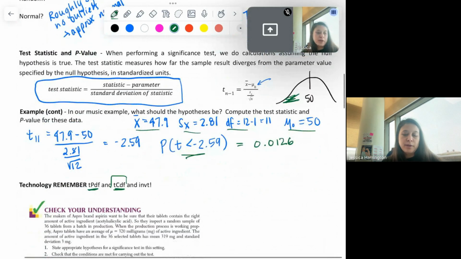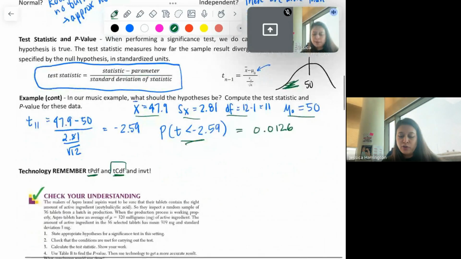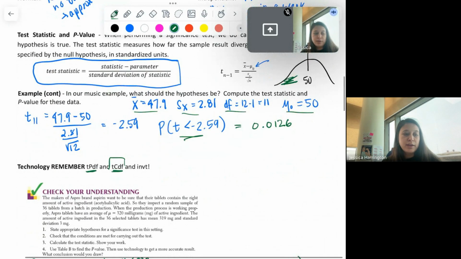Okay, so I want you to pause and try to do the same thing here. And then I'm going to scroll up and you can see the answers, but pause and try this on your own.